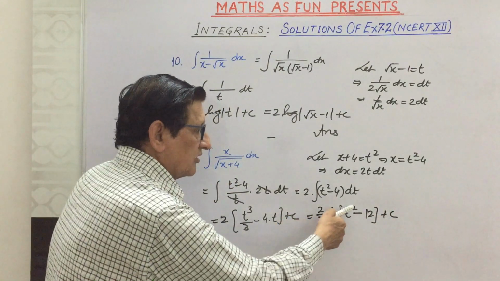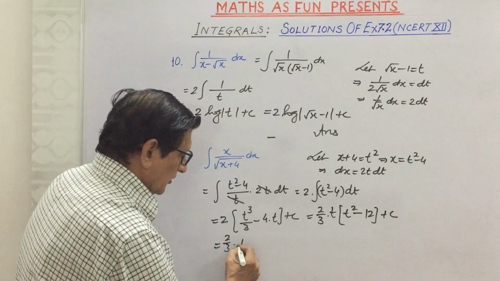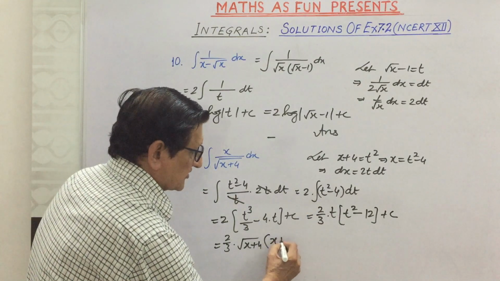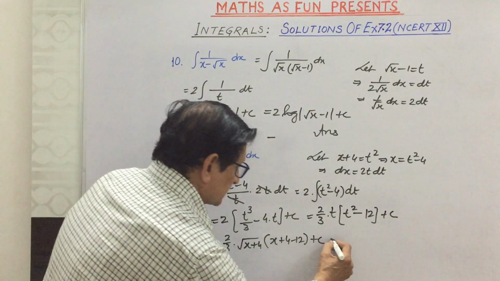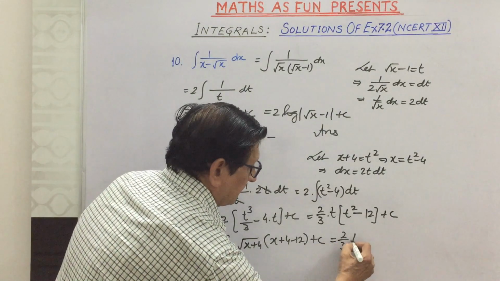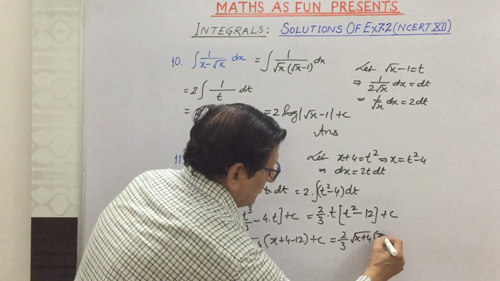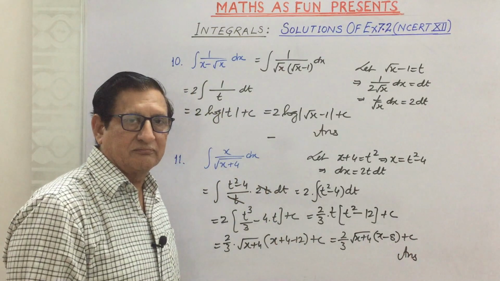We can substitute the value of t and t square, so this will be 2 by 3, t is root of x plus 4, inside this it will be x plus 4 minus 12 plus c. If we simplify this, we are getting 2 by 3 root of x plus 4 into x minus 8 plus c. This is the answer to this problem.